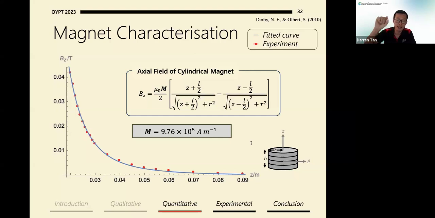So you put your sensor at different distances away from the stack of magnets. You measure how many Teslas you're getting on your magnetic sensor, and then you plot it, and as she's shown, it fits very nicely with a theoretical model given some value of the current and magnetization for this magnet.